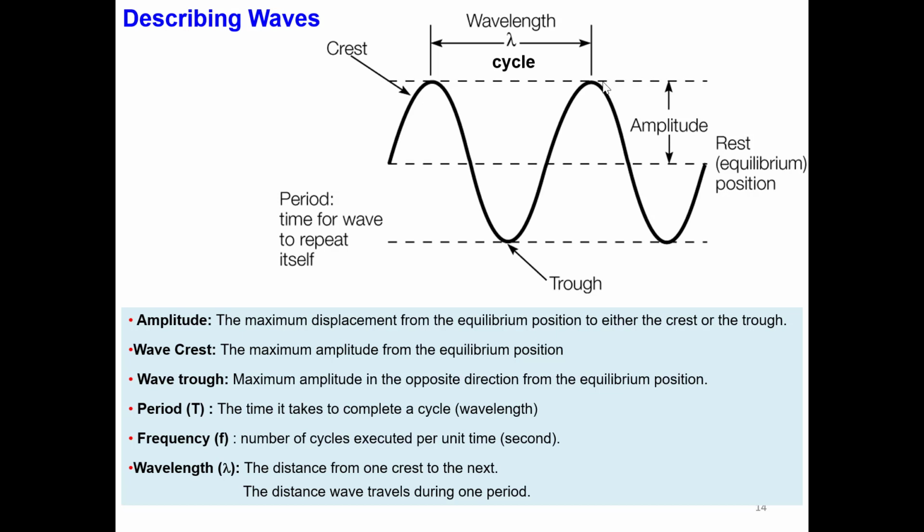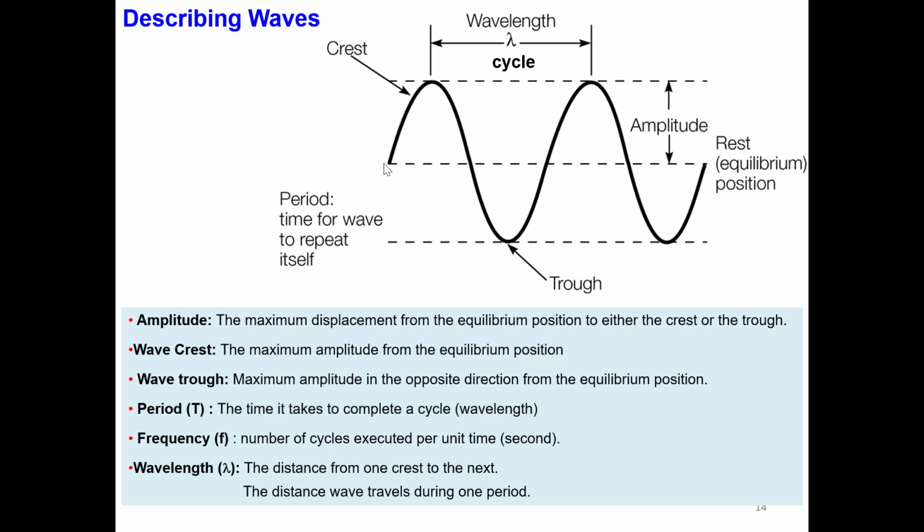In a displacement versus time graph, we can identify the wavelength from the distance from one crest to the next one. Yes, this is one cycle. Or it can also be the distance from one trough to the next one. Yes, this can also be one cycle.